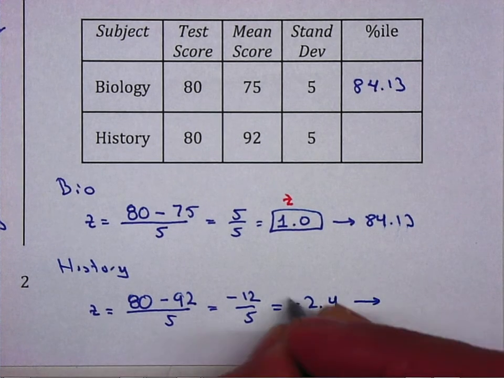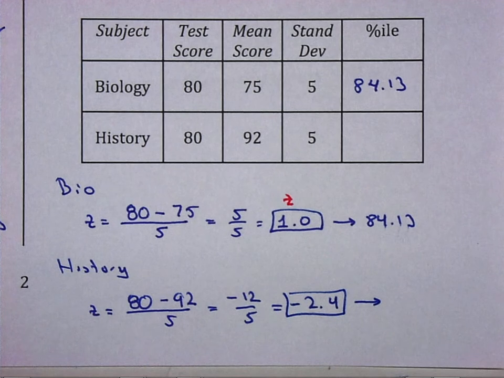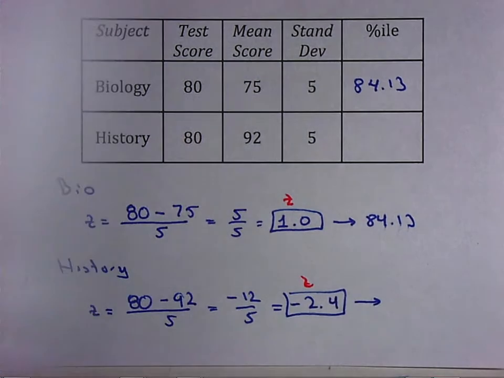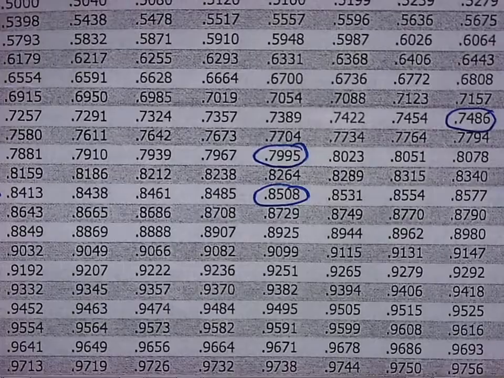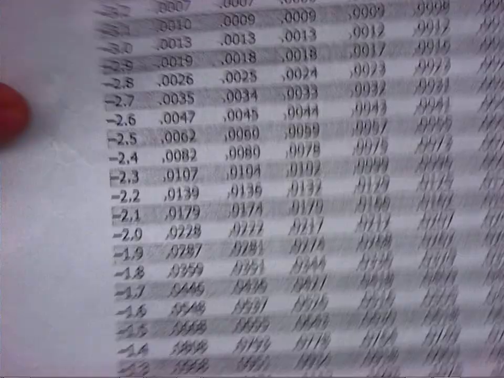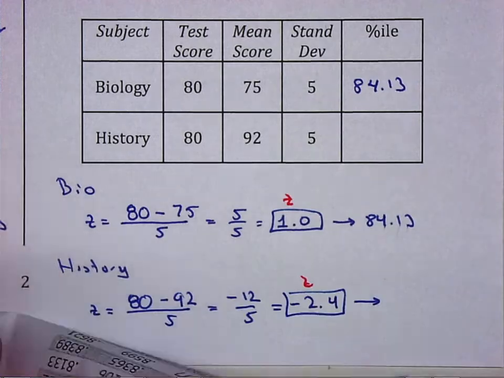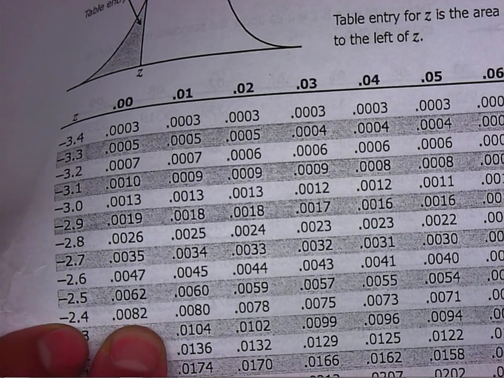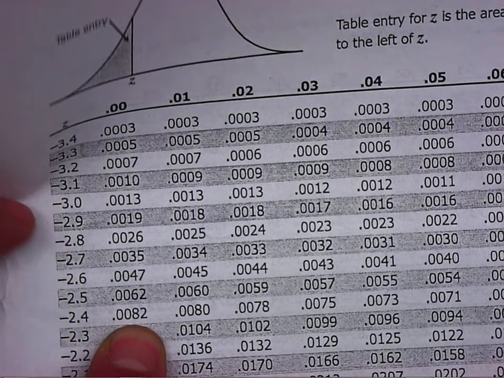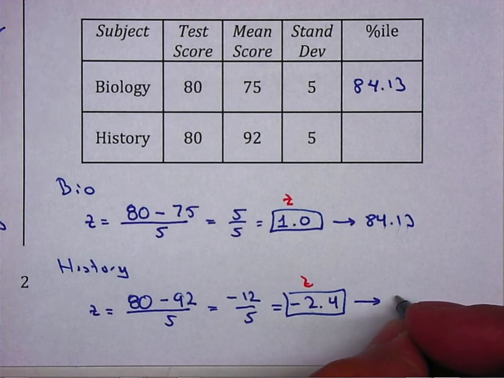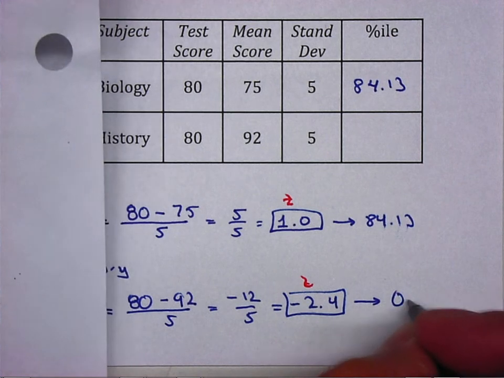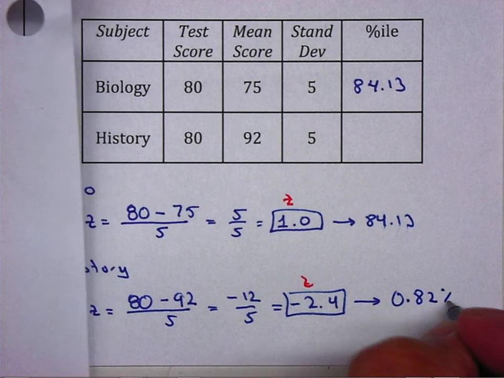This is your z-value. And I want a percentage, so negative 2.4 gives 0.0082. I'll move the decimal to the right 2 times, so it'll be 0.82%.